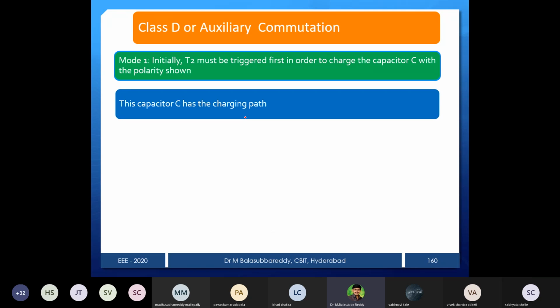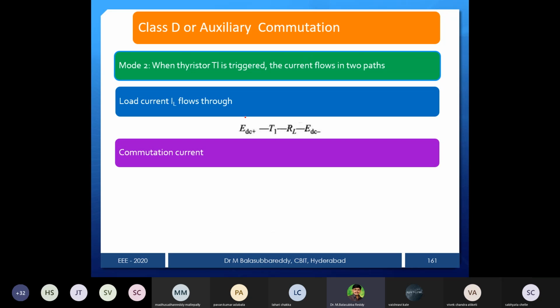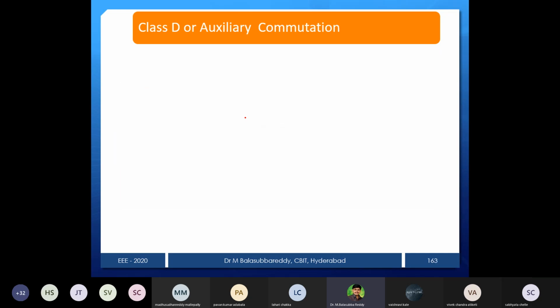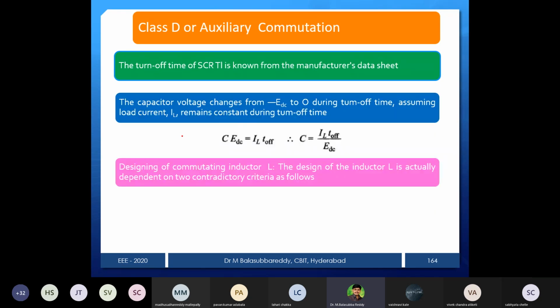And the design part you can see here, the commutating current. The capacitor voltage goes from minus VDC to 0 to turn off the thyristor, so it remains constant to turn off.